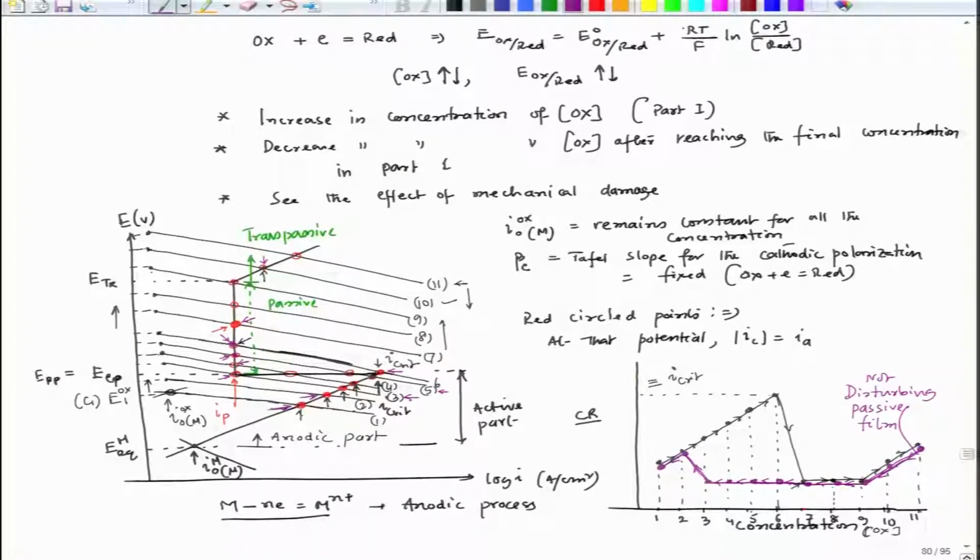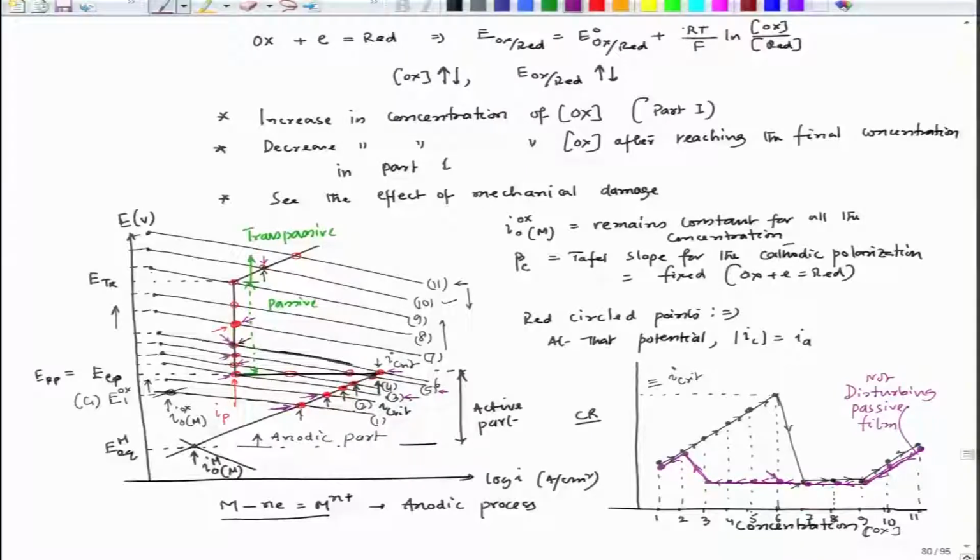Now, if we disturb, what would happen? Let us say after reaching 6, we have this point, which is basically the corrosion rate when we return from C11 to C6. At C6, initially the point is here in the without-disturbance condition, but if we now disturb, let us say the surface is scratched, I am breaking open the passive film.